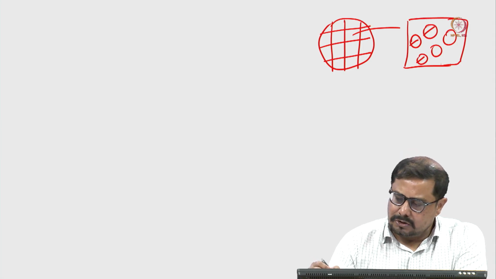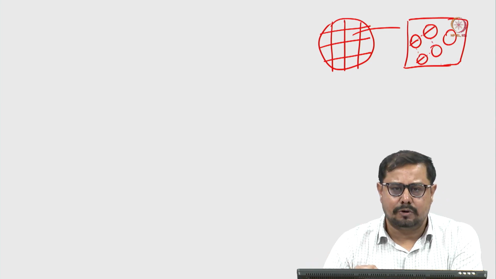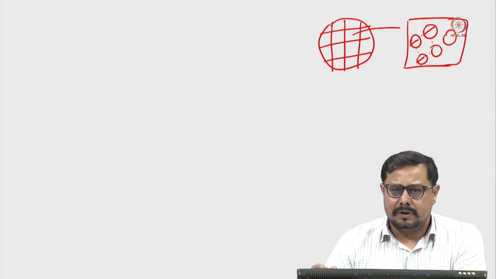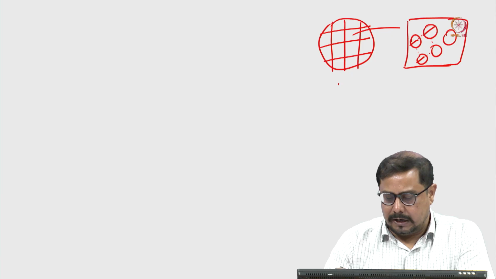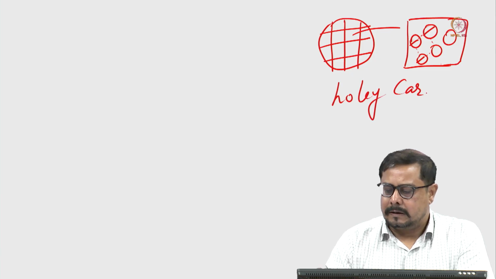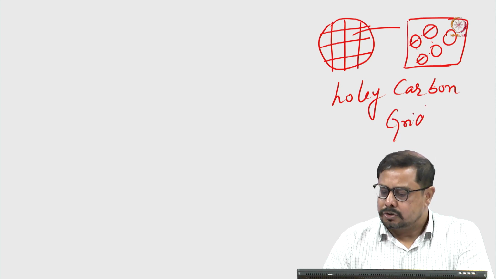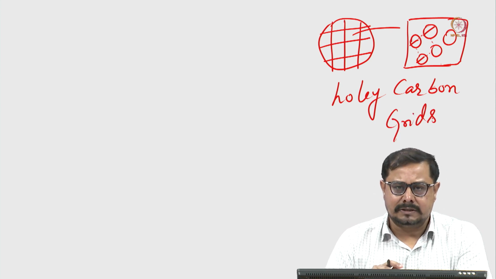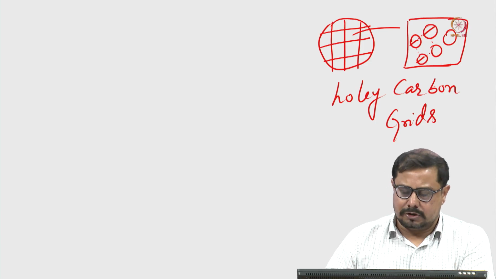There is also a fixed distance between those holes that will really help us for automatic data collection. These kinds of grids are called holey carbon grids.